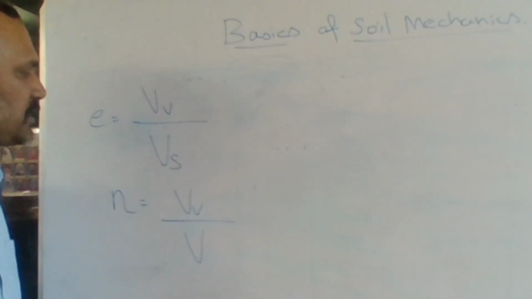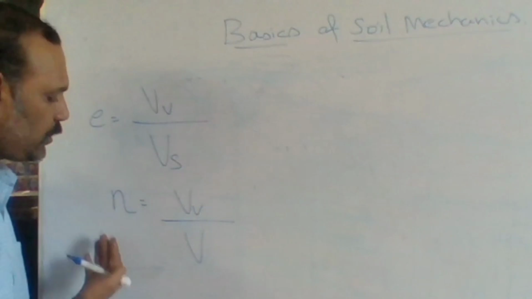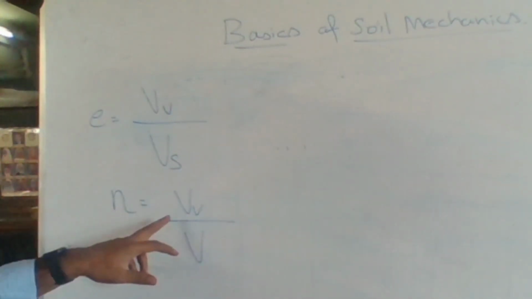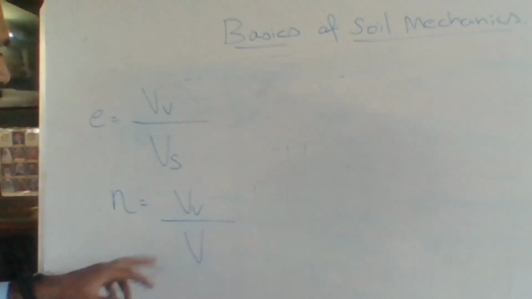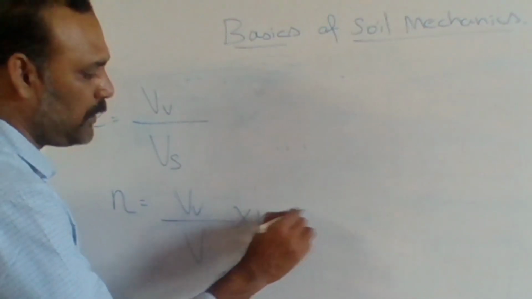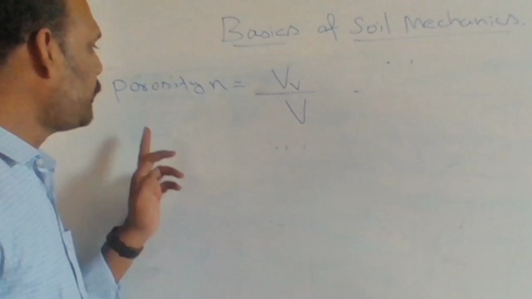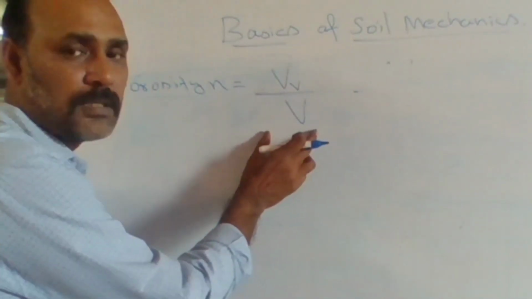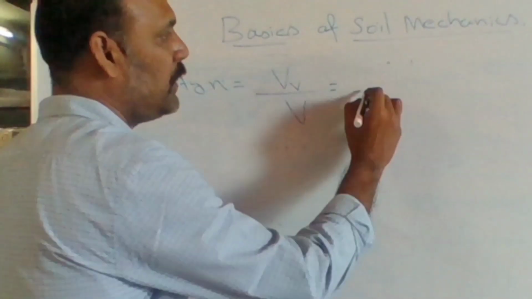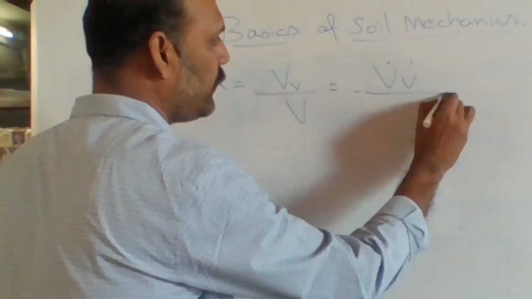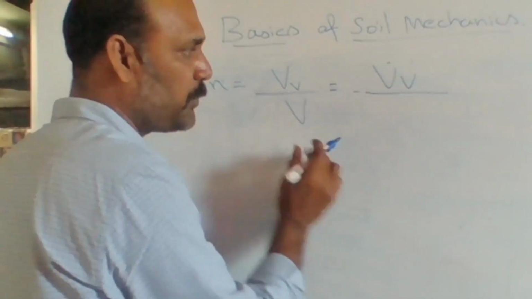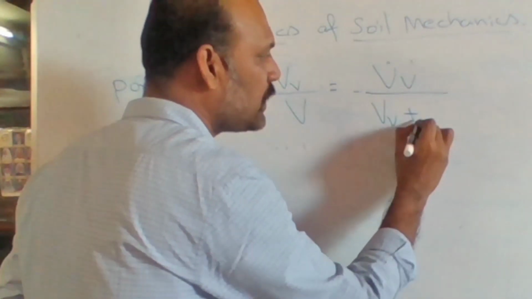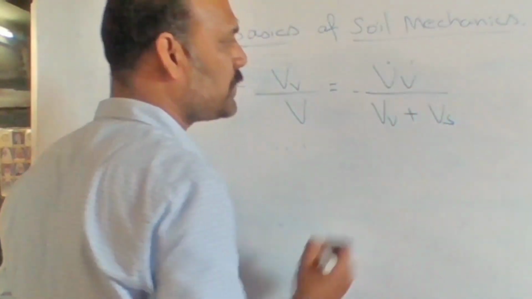Then we have to check the relationship between the void ratio and the porosity. Porosity is always in percentage. So porosity is VV by V, the volume of voids divided by the total volume, which is the volume of voids plus the volume of solids.